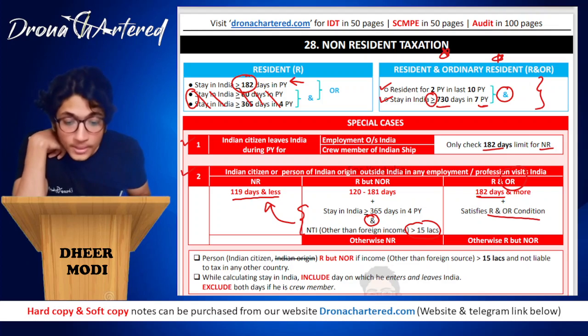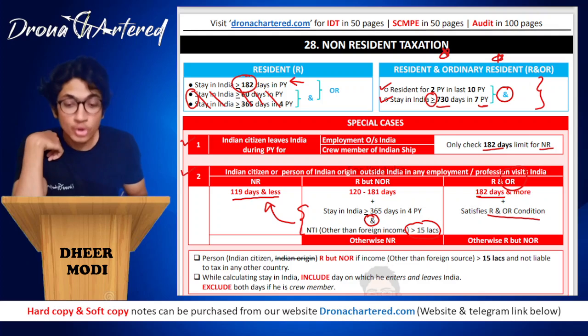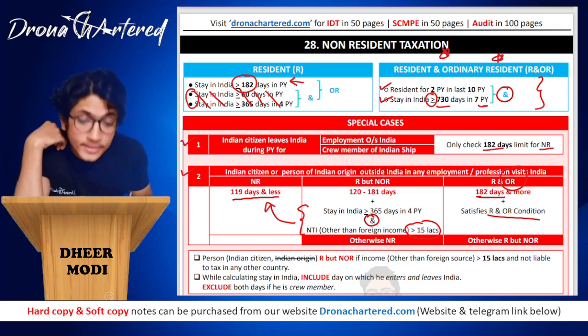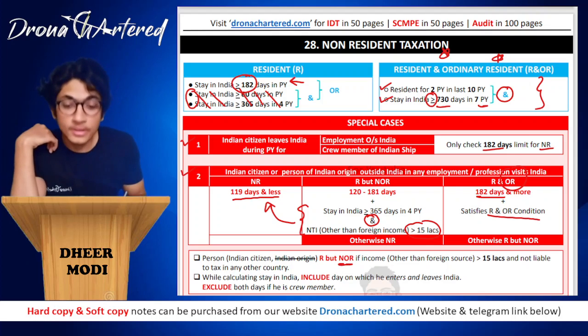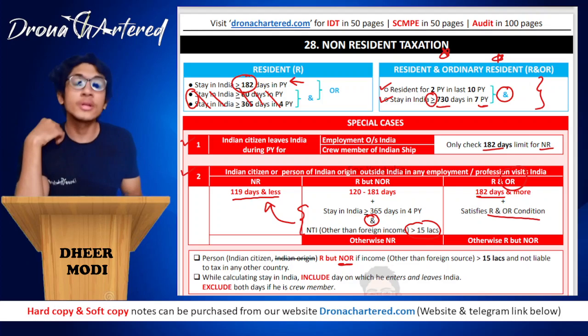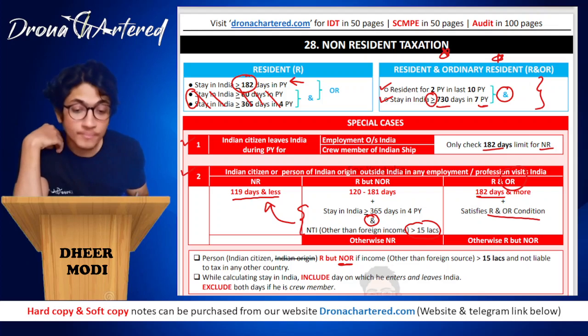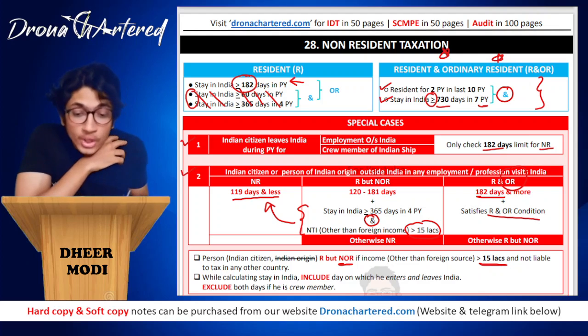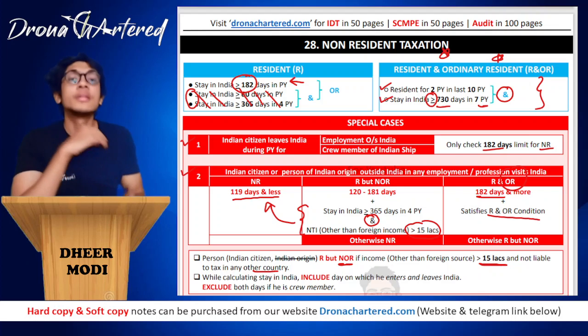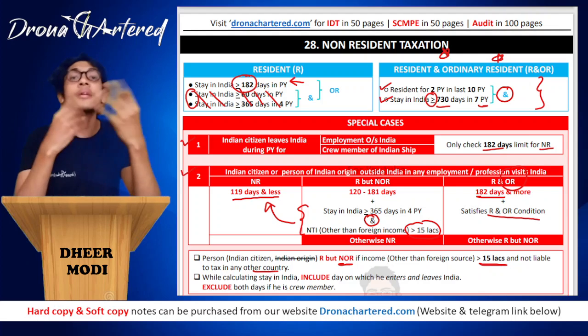Now a person who is an Indian citizen will be treated as resident but not ordinary resident if income other than foreign sources is greater than 15 lakhs and he is not liable to tax in any other country.